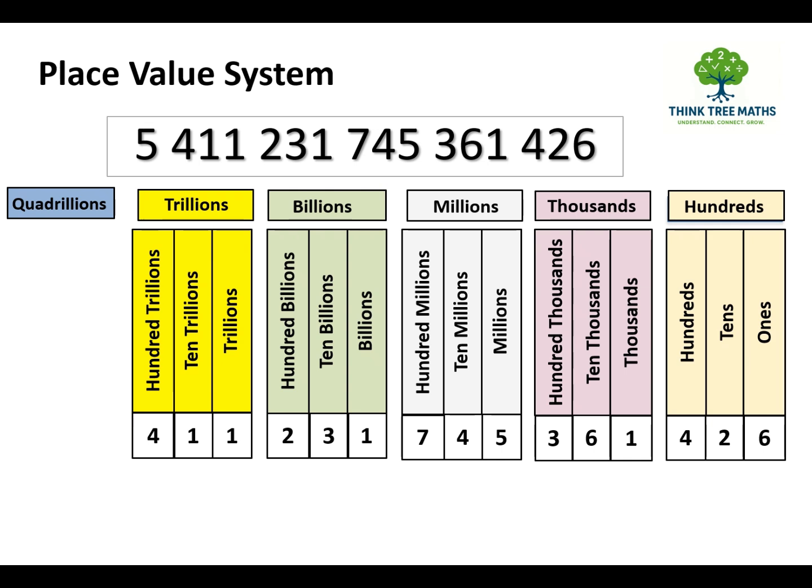And we have quadrillions. Quadrillions are followed by 15 place values. So the number reads as 5,211,331,745,361,426.